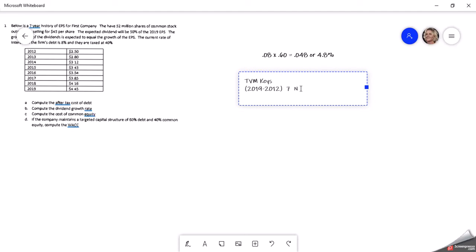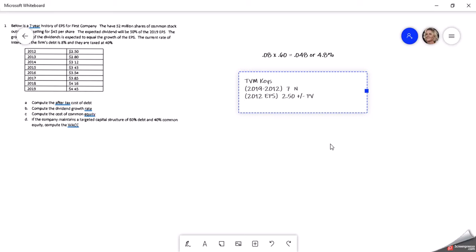If we're following our calculator, then the present value is going to be the 2012 earnings per share, that is 2.5. And then we'll hit the plus or minus button, and that's going to be our PV.